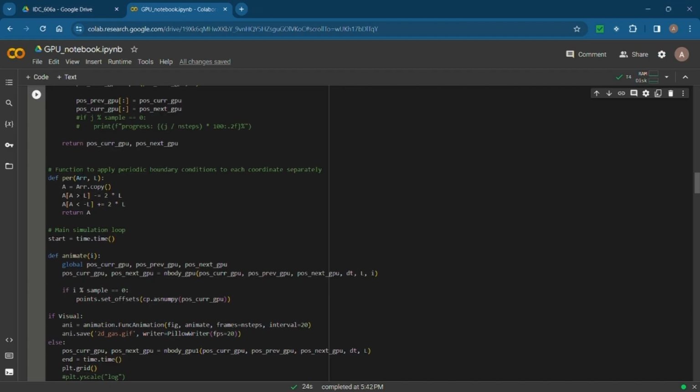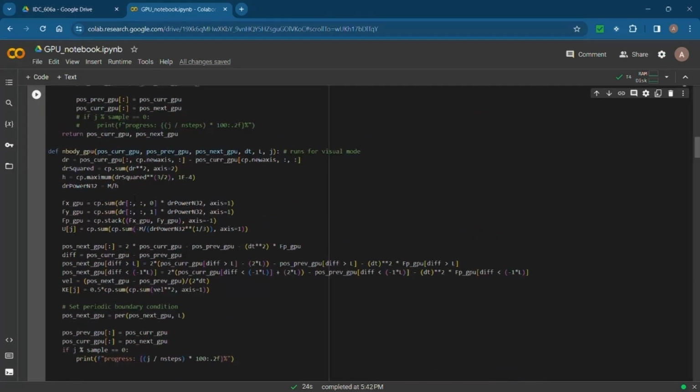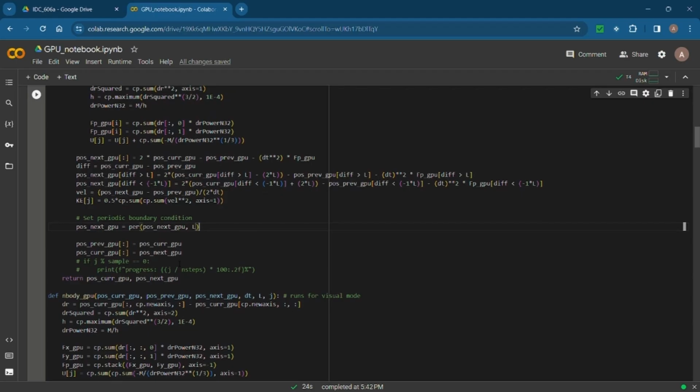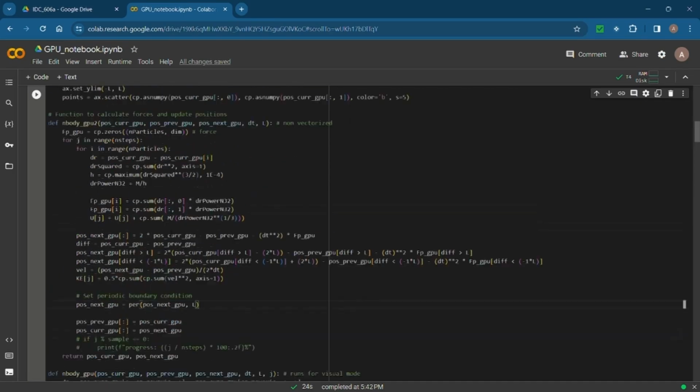If a particular array element is above L, it subtracts the box size, and if it is below minus L, it adds the box size. Then we do the final step of the algorithm: we assign the current position to the previous position, and the next position becomes the current position, and this repeats for the next time step.